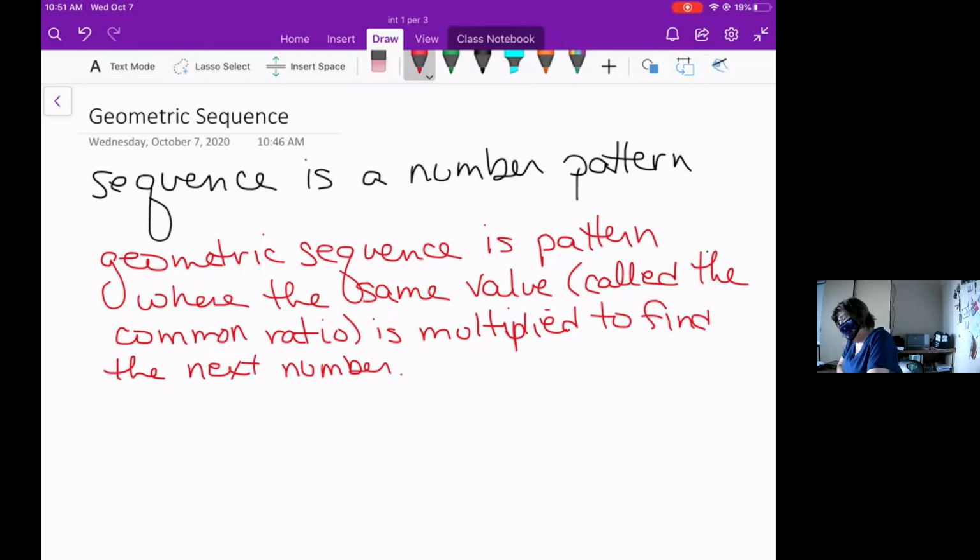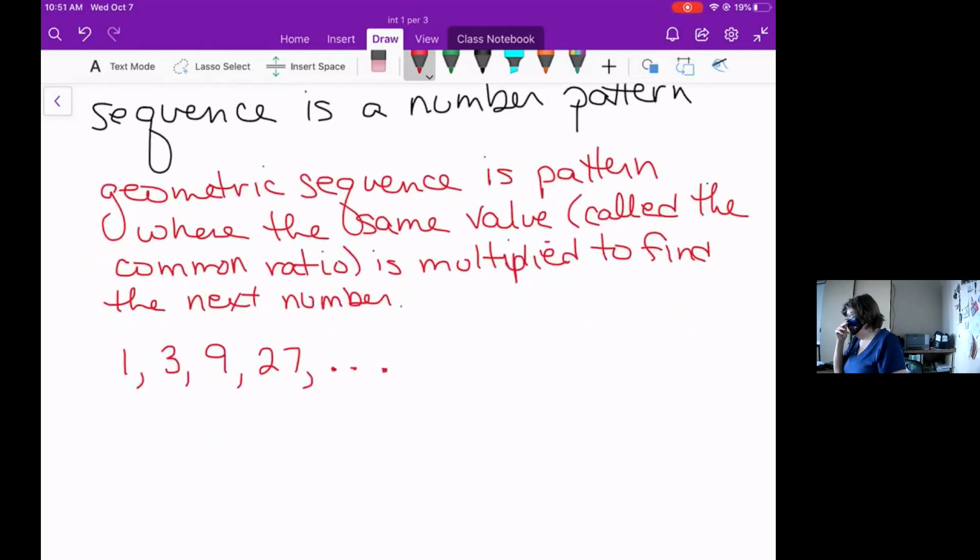So let's start with this one. Let's just talk about how a sequence is broken down. So if I have this sequence here, this is a geometric sequence because it's doing what each time?